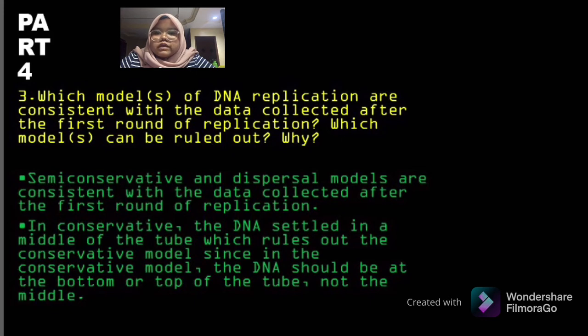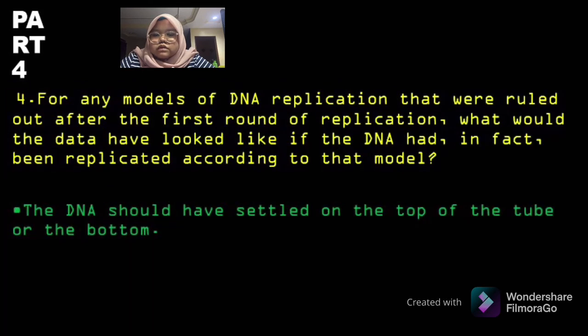In conservative, the DNA settled in the middle of the tube, which rules out the conservative model, since in the conservative model, the DNA should be at the bottom or top of the tube, not the middle. So moving to the next questions. For any models of DNA replication that were ruled out after the first round of replication, what would the data have looked like if the DNA had in fact been replicated according to that model? So the DNA should have settled on the top of the tube or the bottom.